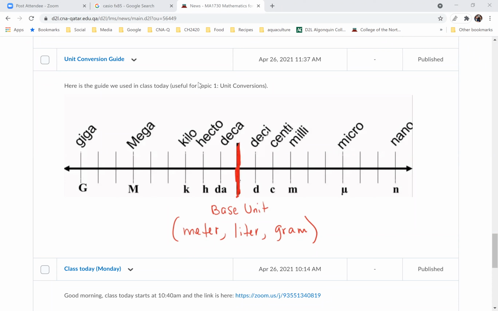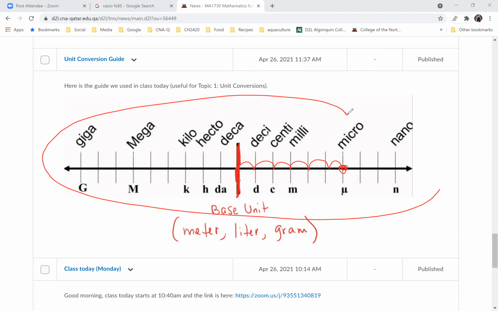It's however you want to do the conversions, because that number 10 to the minus 6 is included on this graph, right? 1, 2, 3, 4, 5, 6. So I'm not telling you you don't need to know that. You just need to know how to use this graph. And if you don't like this graph, you have to use some other way to do unit conversions. But unit conversions are definitely on the test. Okay, sir. Thank you. No problem.